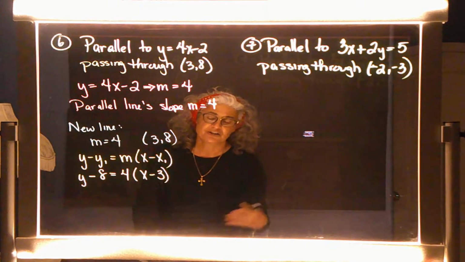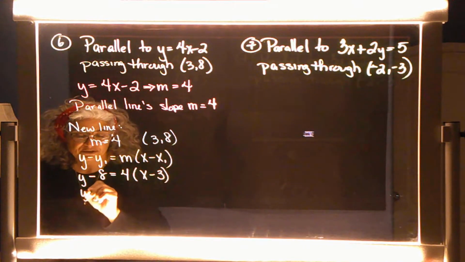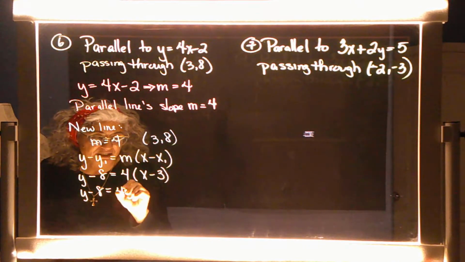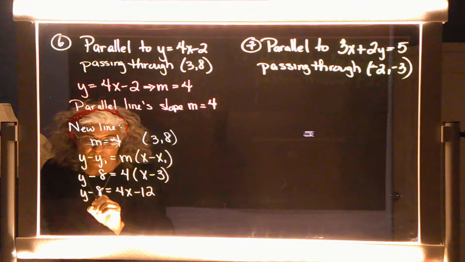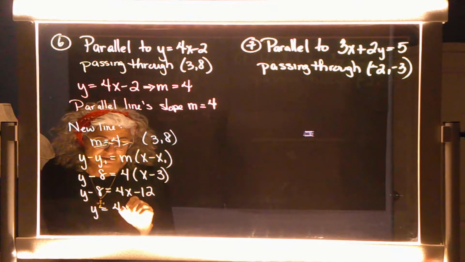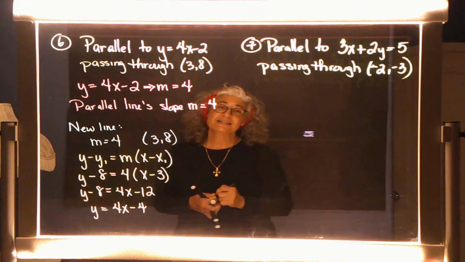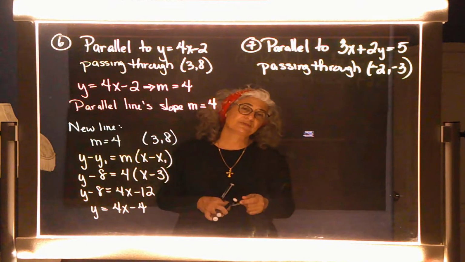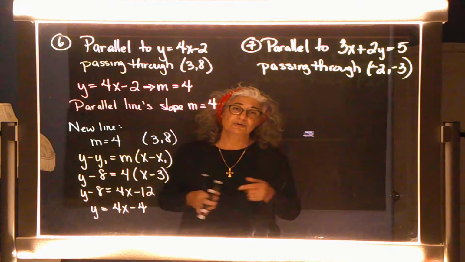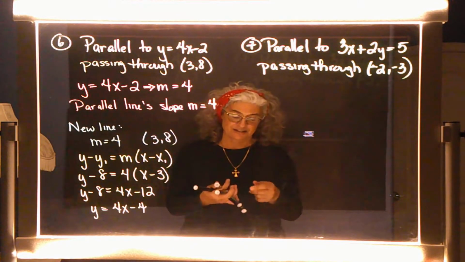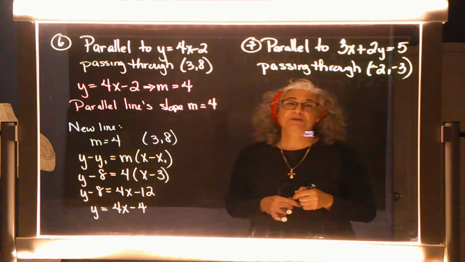Good? Cool. Okay, you guys know where to go from here. You do your work while I do my work, and hopefully we end up with the same answer. And unless they say otherwise, we're always going to write the answer in slope-intercept form. Cool? Lovely.